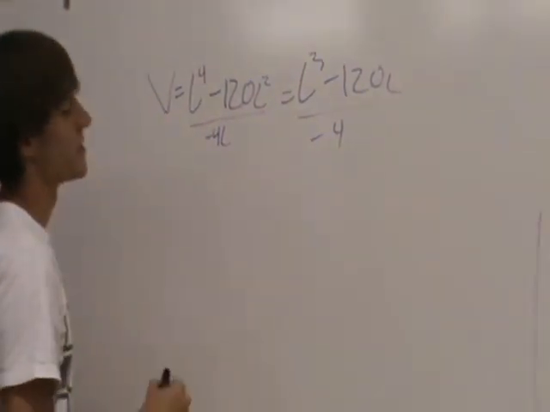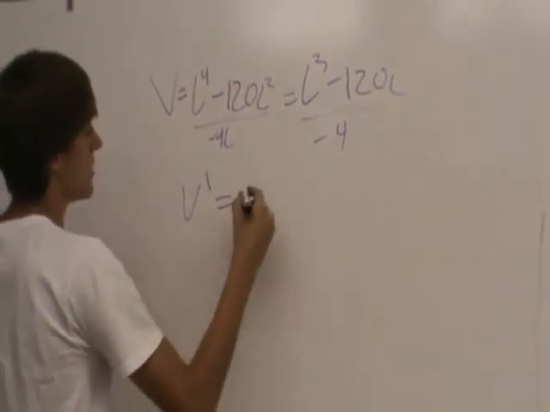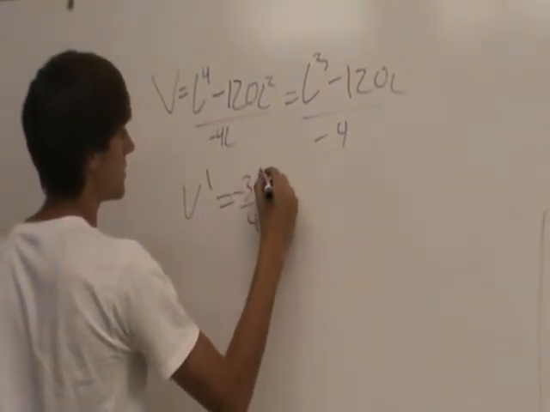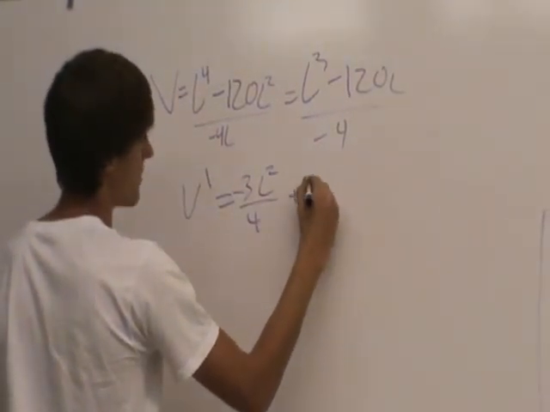Then we have to find the derivative of this, which is going to be negative 3/4 length squared plus 30.